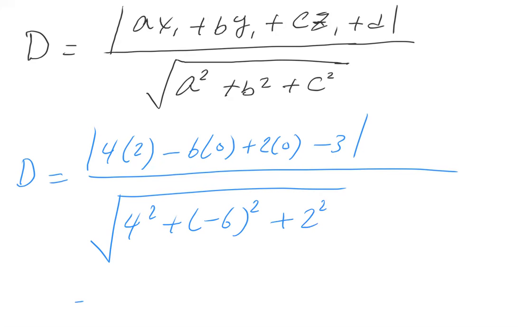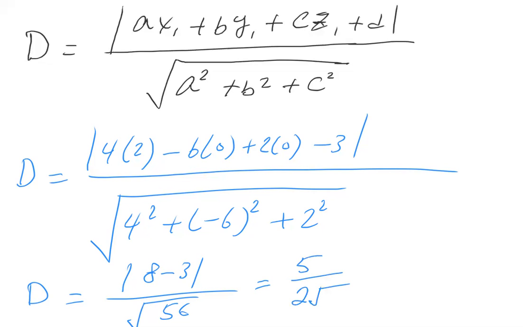And d equals the absolute value of 8 minus 3 over the square root of 16 plus 36 plus 4, so 56. And that is going to give me 5 over 2 square root of 14. Or you can think of this as 5 root 14 over 28 by rationalizing the denominator.